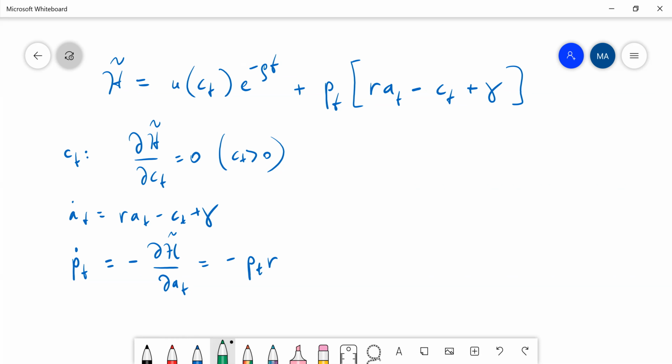If this was an infinite horizon problem, you would write something like this: the limit of P_t A_t equals 0 when t goes to positive infinity. Now t goes to T, which is less than positive infinity. So how do you write it?